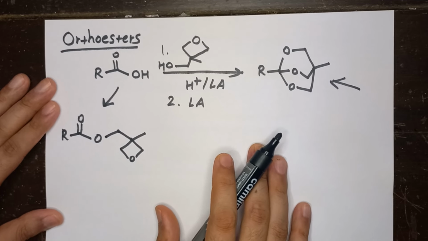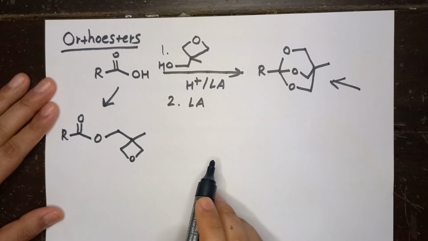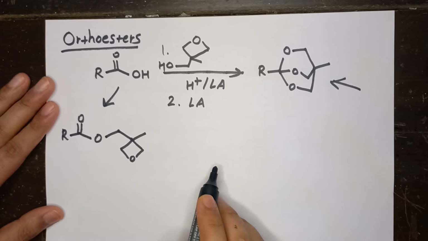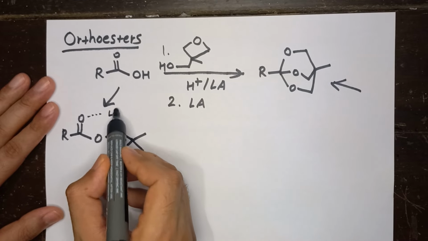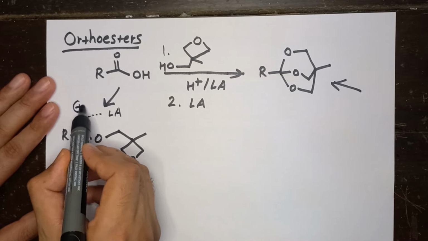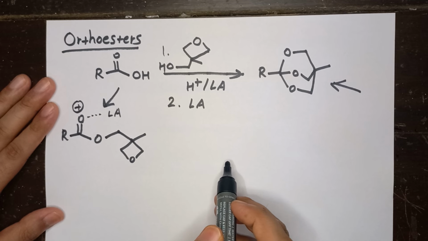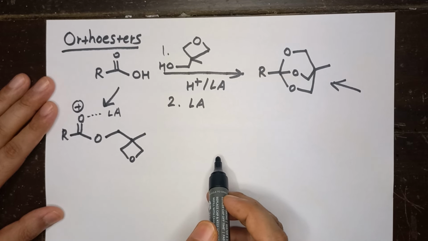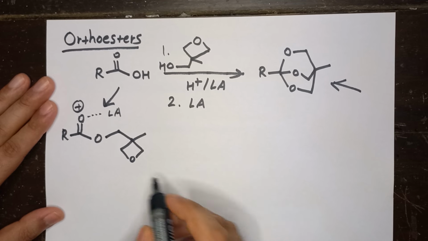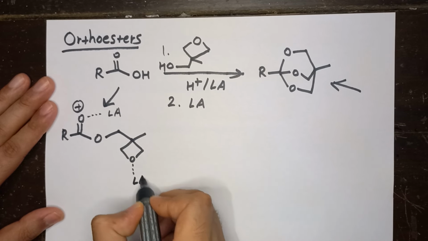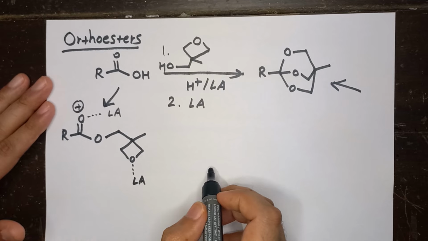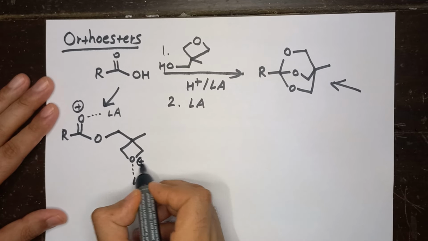Okay. Then we have a Lewis acid in the second step. That Lewis acid will do chelation with this oxygen and will give positive charge to it. Well, it can do Lewis acid chelation with this oxygen also and can give positive charge here.